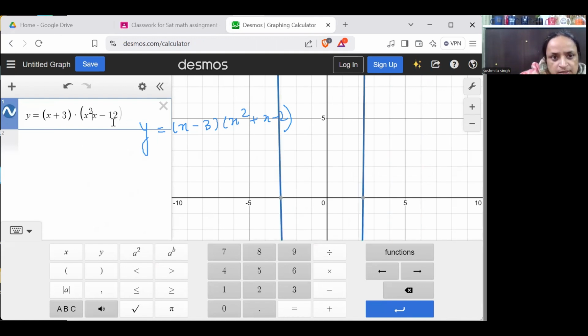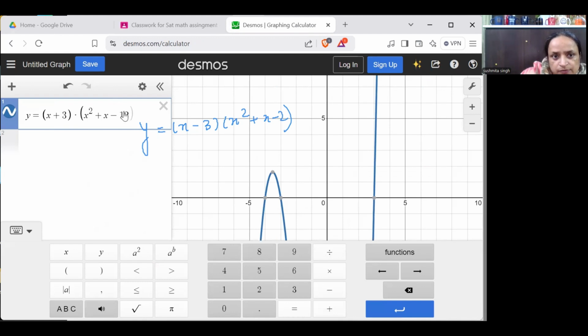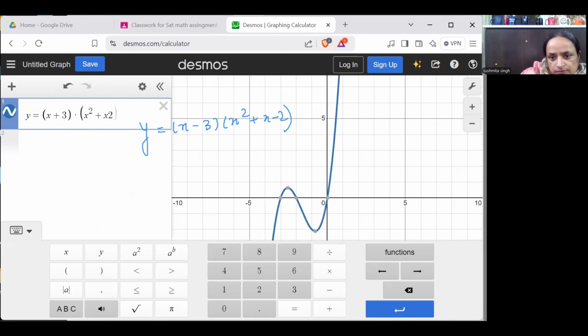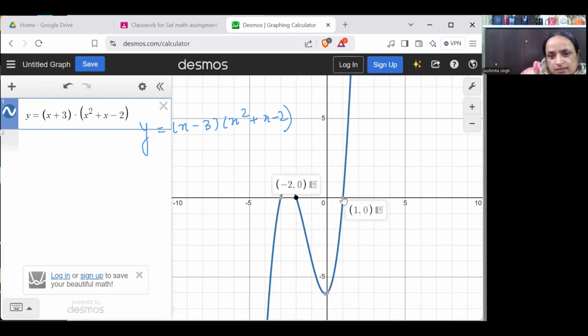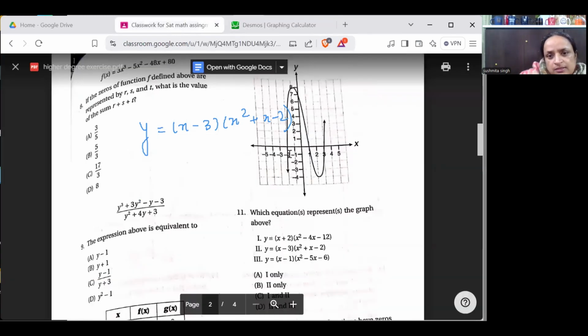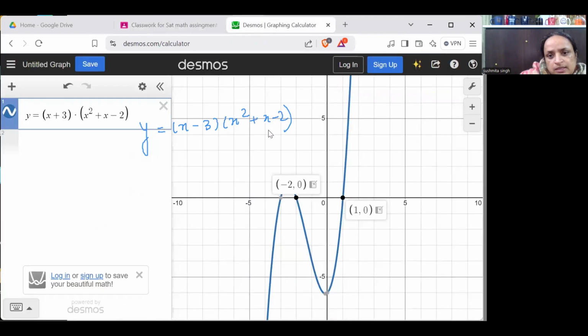Remove this and make it plus x, and instead remove this and put negative 2. So see, the equation is exactly like the graph: here you can see negative 2, 1 and 3. Then let's go back: negative 3, negative 2 and 1.